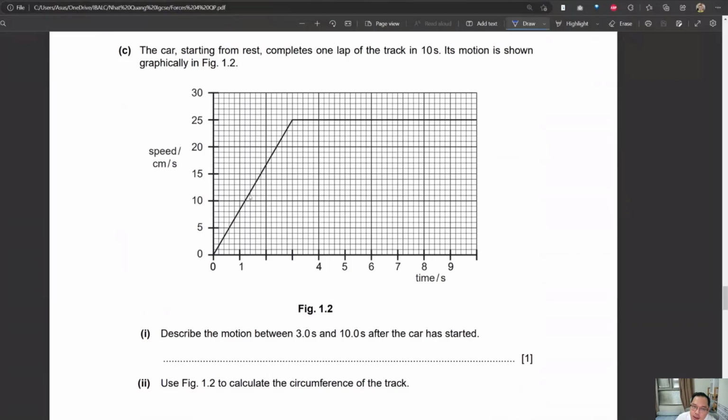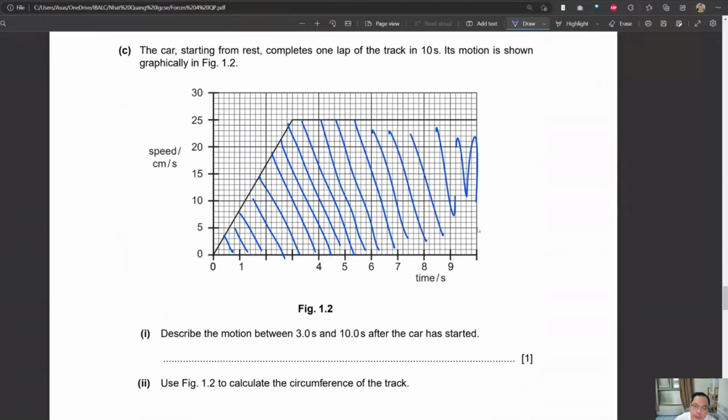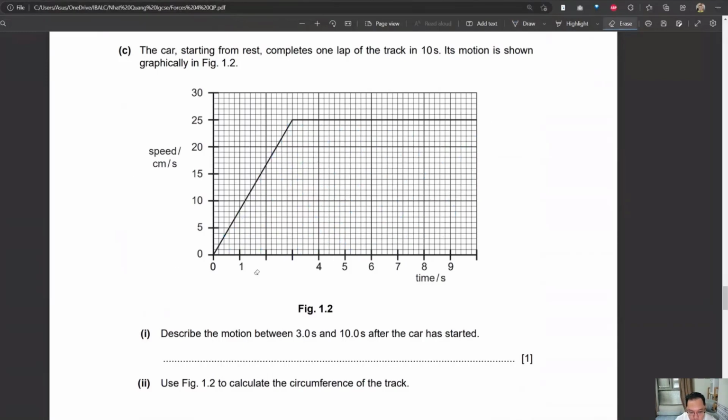That distance is calculated by the area under this speed versus time graph, which means the area of this trapezoid. Please fix your answer. Let me plot this area again. The length of the track is the distance that the car travels in 10 seconds.